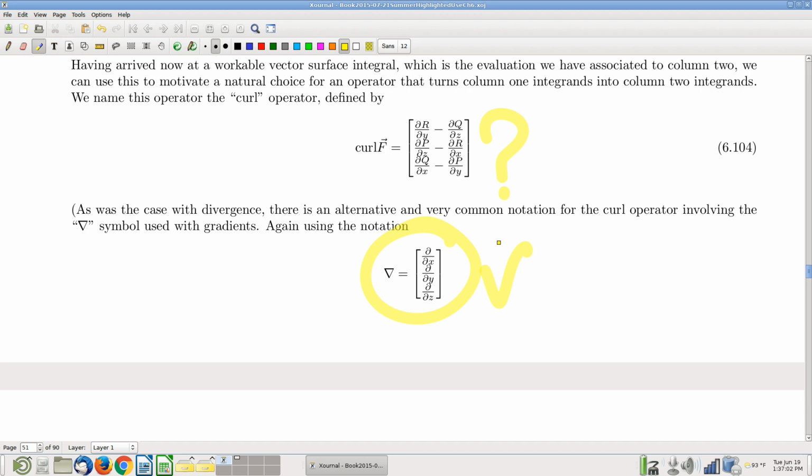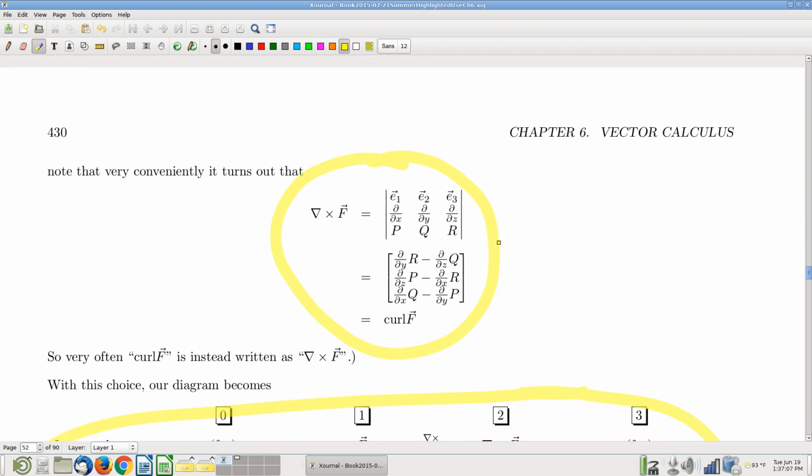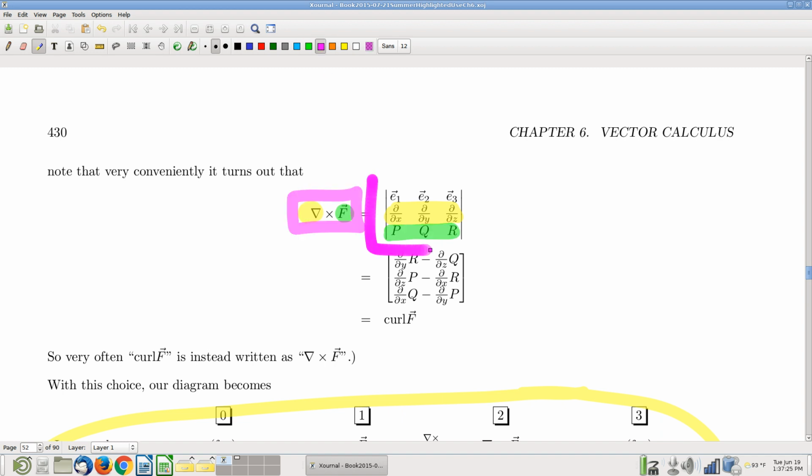And it turns out that it lines up just exactly right. If you take the del operator and your vector field, and if you cross them, remember the formula for a cross product is a symbolic determinant, right? E1, E2, E3, and so on. You get exactly curl.